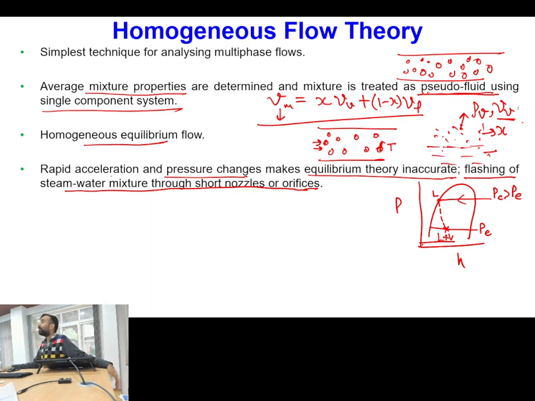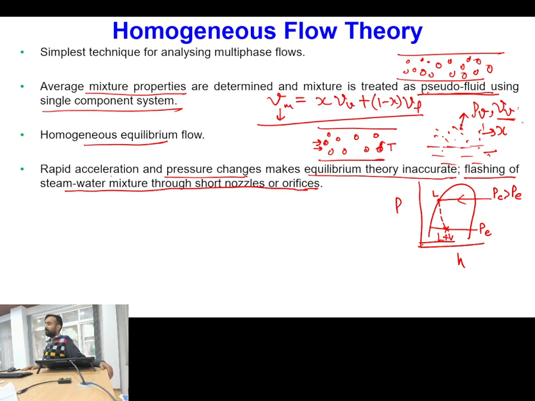Rapid change of liquid to vapor because of a decrease in pressure below the saturation pressure is what is called flashing. Change of liquid to vapor because of a temperature greater than the saturation temperature is what is called boiling. You should know these fundamental things.